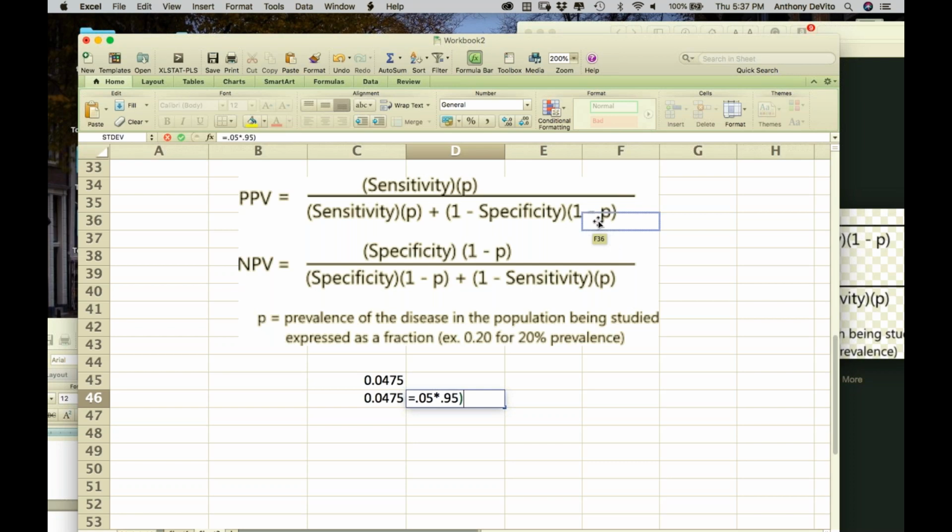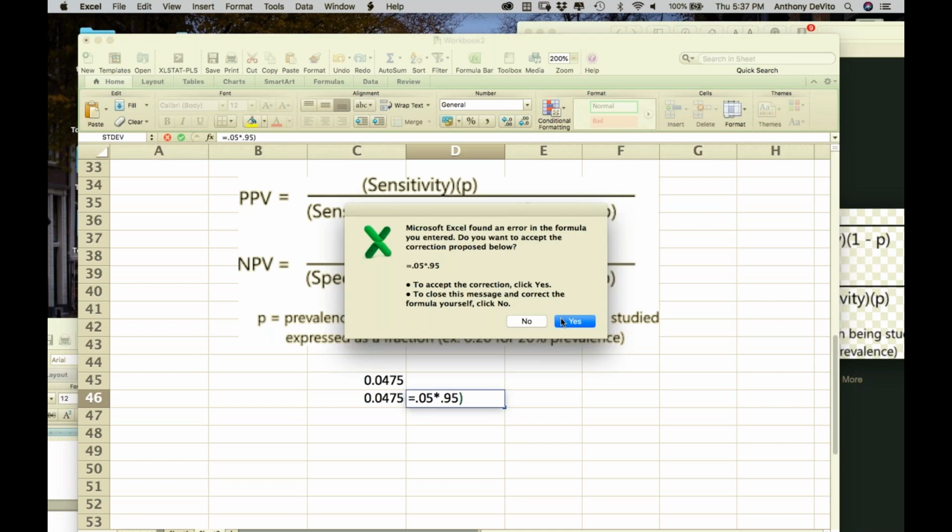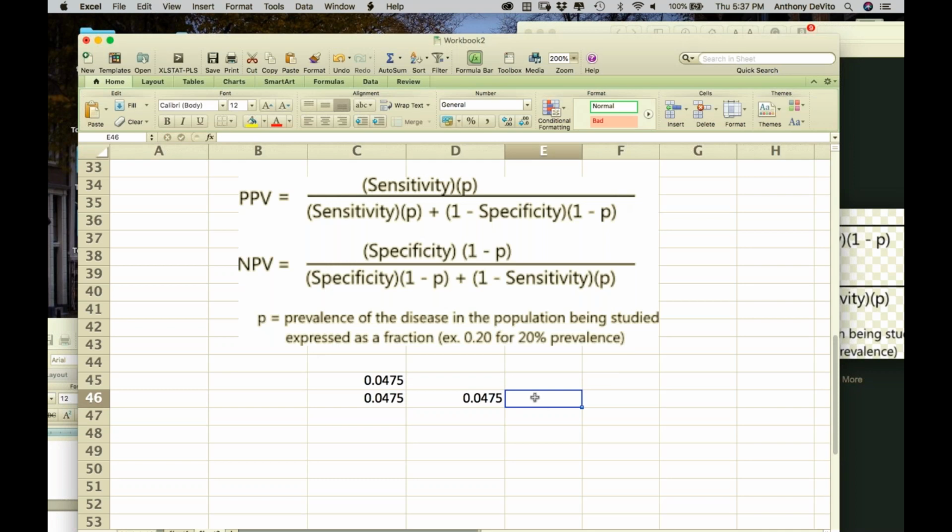Okay, so what does that turn out to be? This is on top, right? Divided by the sum of these two elements that are on the bottom.